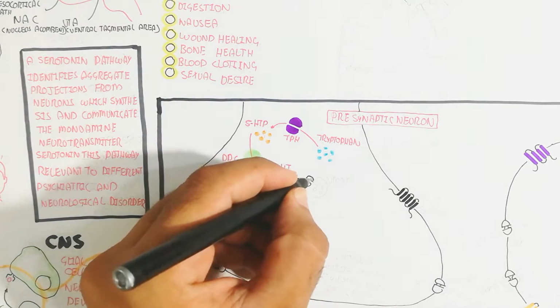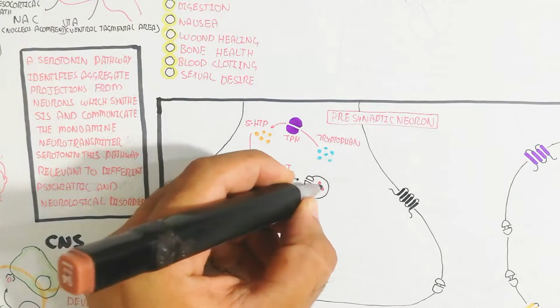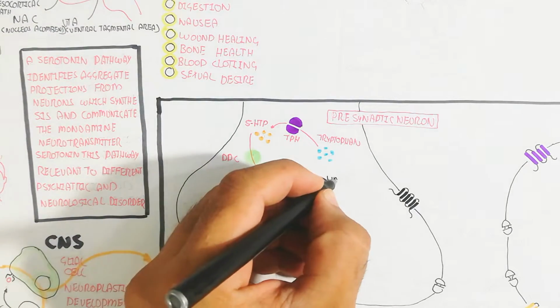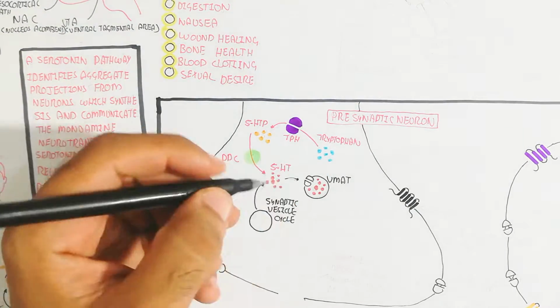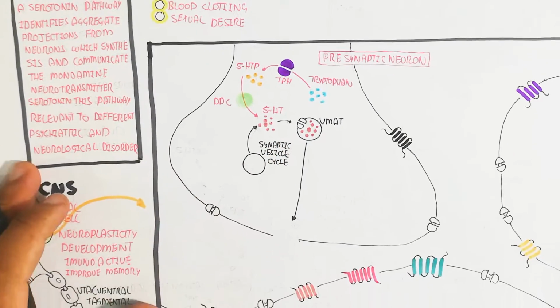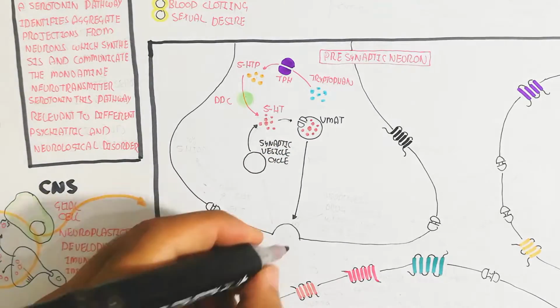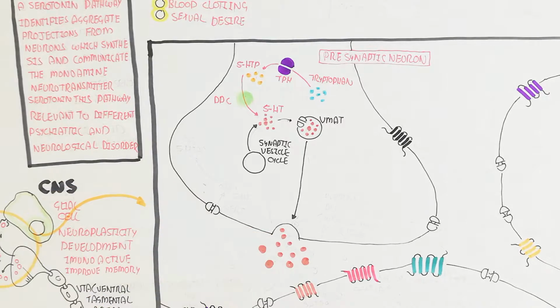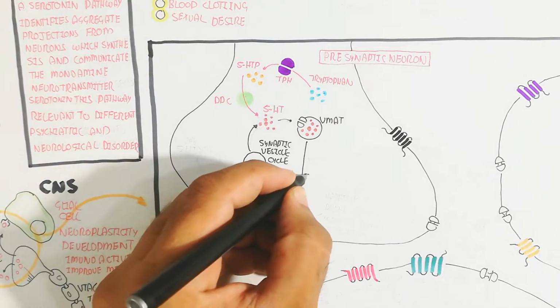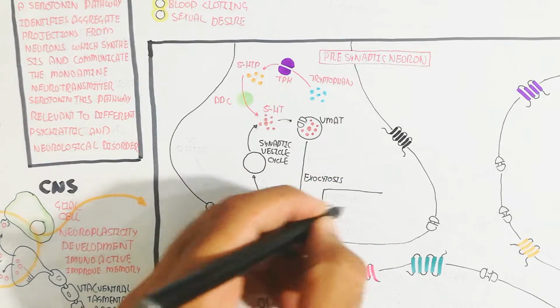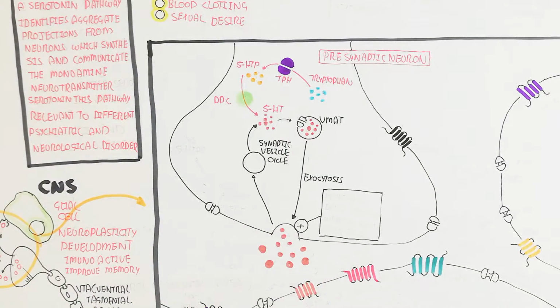In this way the synaptic vesicle will combine with VMAT for filling and exocytosis of the serotonin. The brown color is the serotonin molecule. After this, recycling of the vesicle will occur.